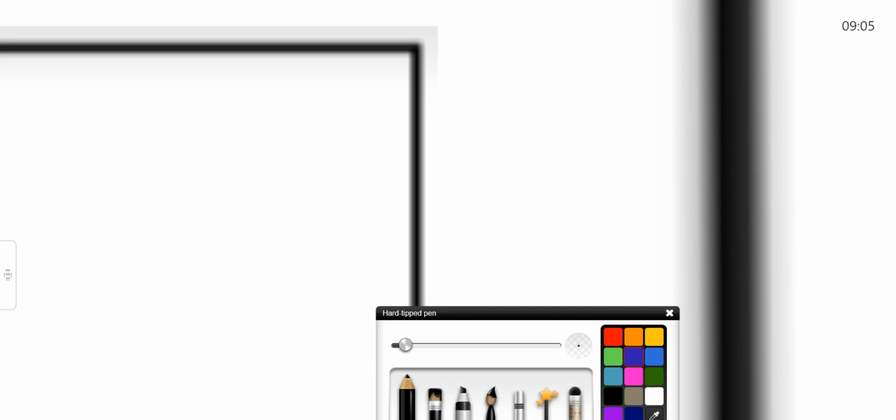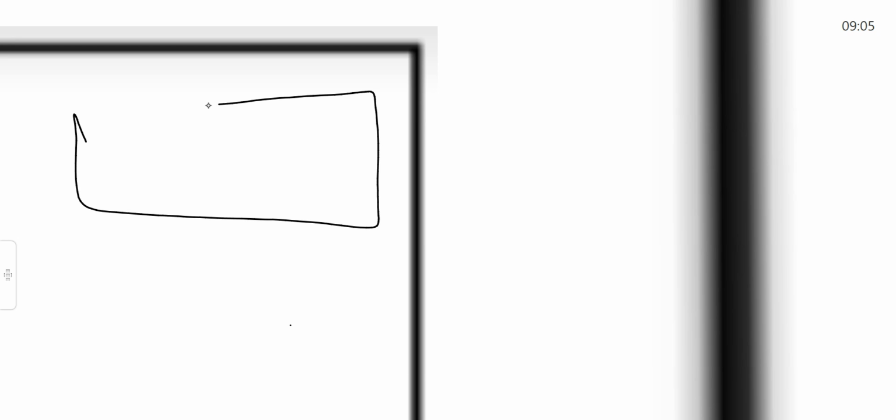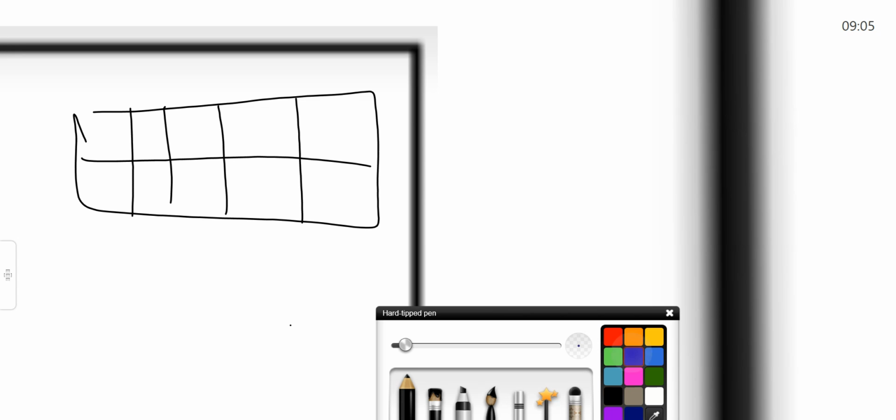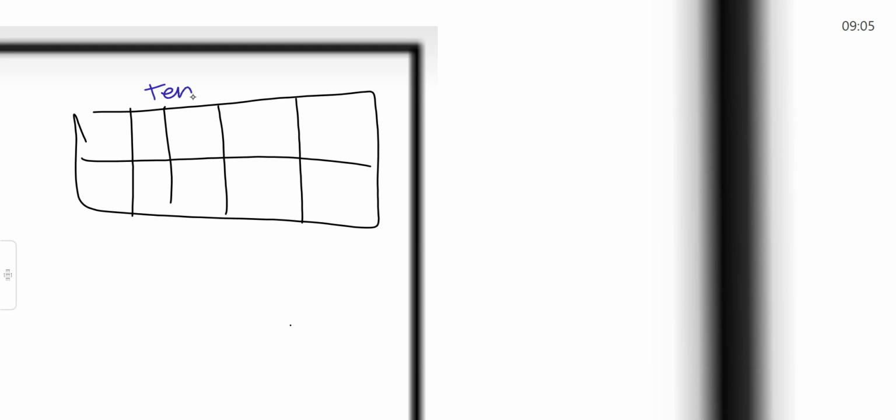And we could add one. And this would be our tenths place. And so you just can keep adding another set of 10 within any of these places.